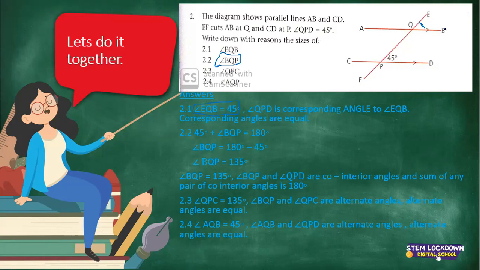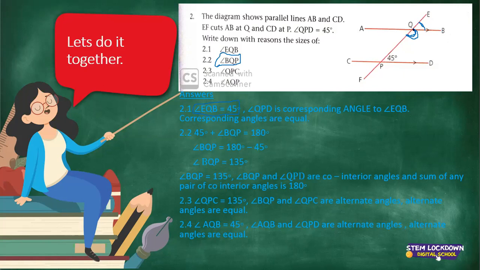BQP forms an angle just right here, right? Yes, it forms an angle right there. When you don't know the size of BQP, we must find the size for BQP.